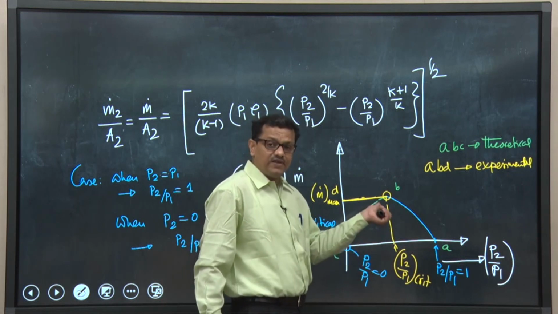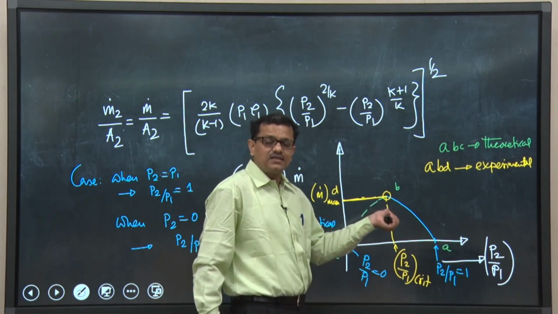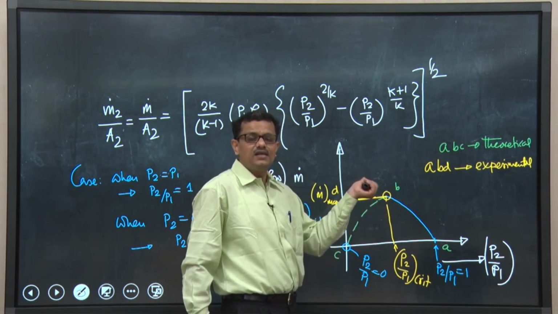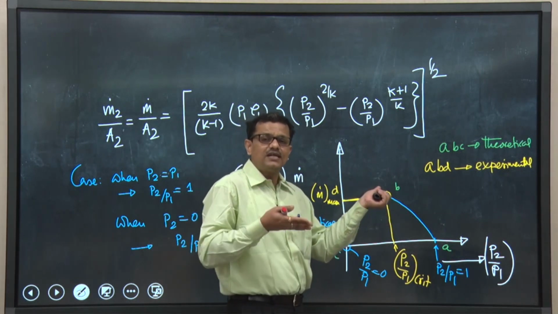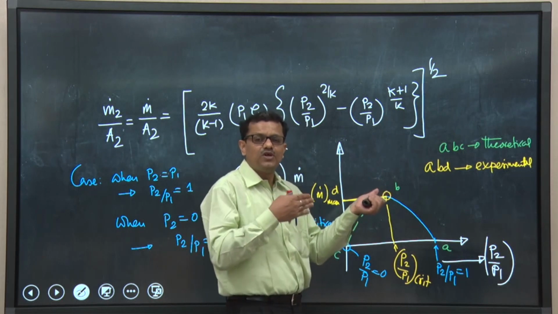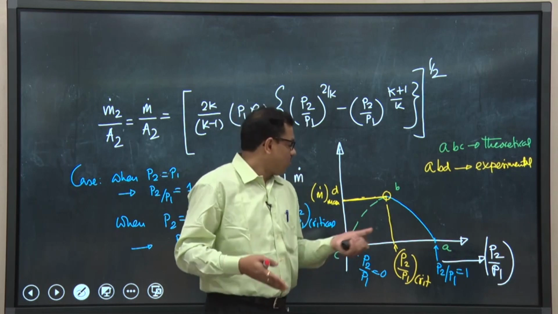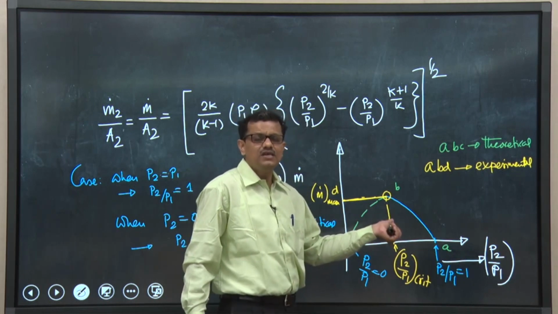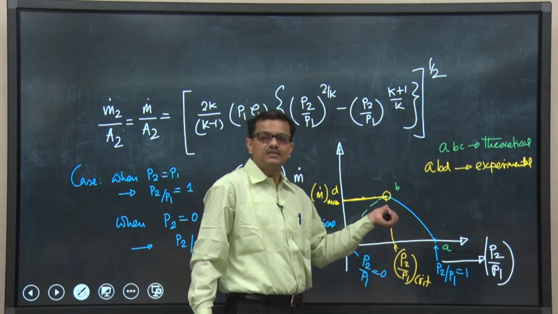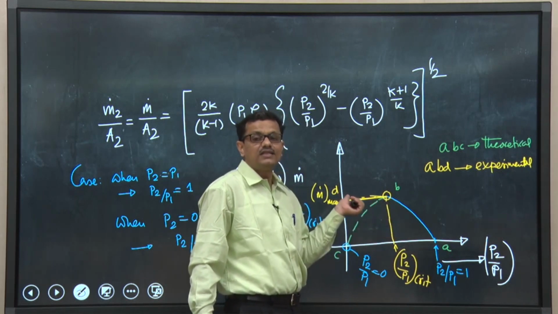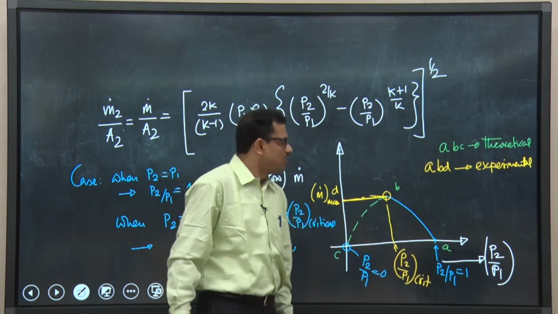But the physics is that the information about further reduction in pressure should be sensed by the inlet section, and to get that information a pressure wave should move through the elastic medium with the sonic velocity, but the velocity is already the sonic velocity. So, that information will not be sensed by the inlet section, as a result of which the mass flow rate will remain constant, and that is the experimentally observed phenomenon.